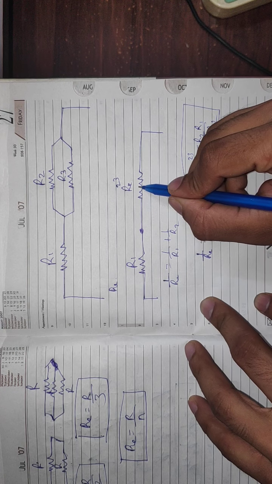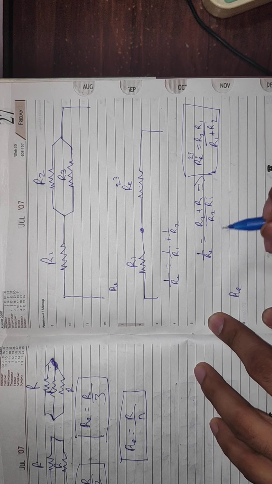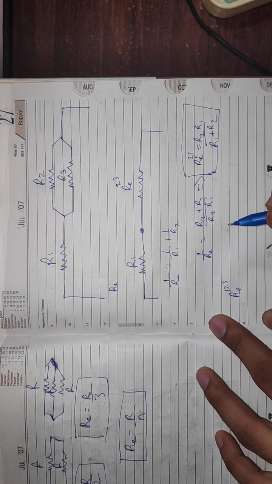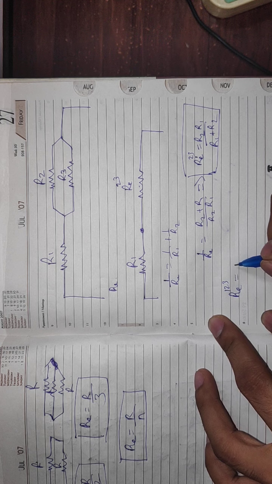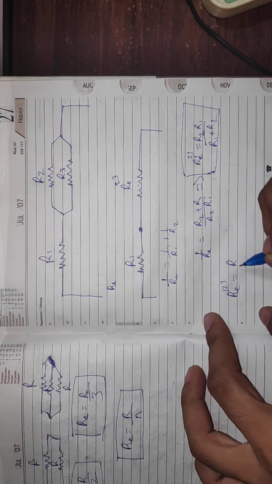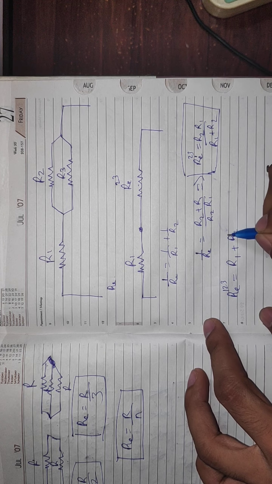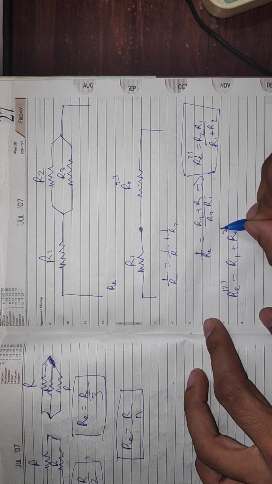Now the next part will be this. These two are now in series. So if we want to find the final equivalent of all three, I'll write 1, 2 and 3. Then I can simply write the formula for series connection, that will be R1 plus R2, and here R2 is the R equivalent of 2, 3.